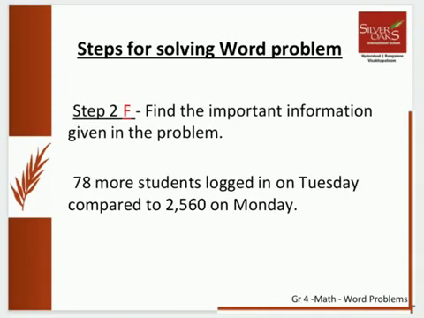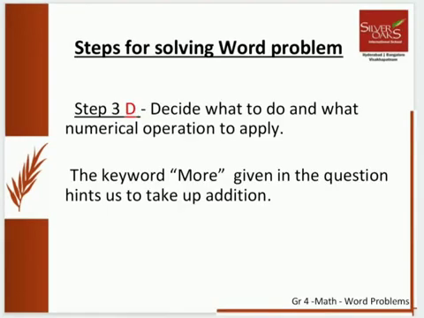According to the problem, 78 more students logged in on Tuesday compared to 2,560 on Monday. Step 3. D. Decide what to do and what numerical operation to apply. What do you think you should do? Add or subtract? Since the keyword more is given in the problem, it hints us to take up addition, isn't it?